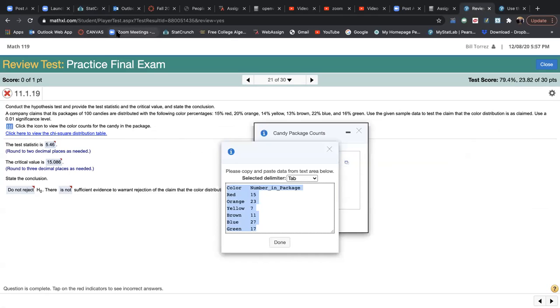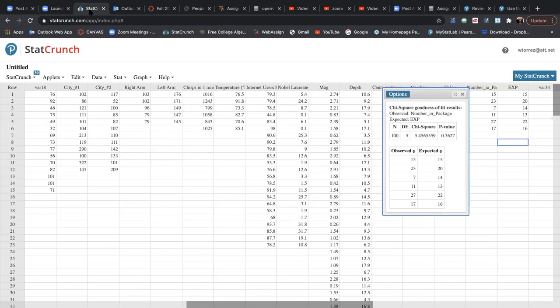And there we see the test statistic. Our test statistic here, 5.46, and our p-value of 0.3627. Pretty good p-value there, right?